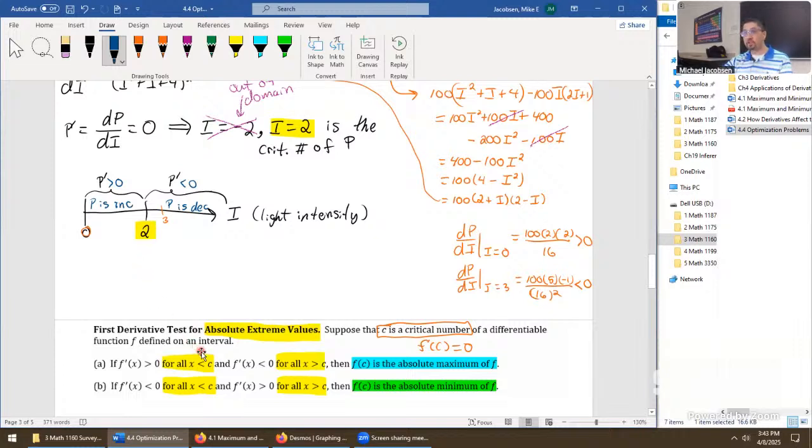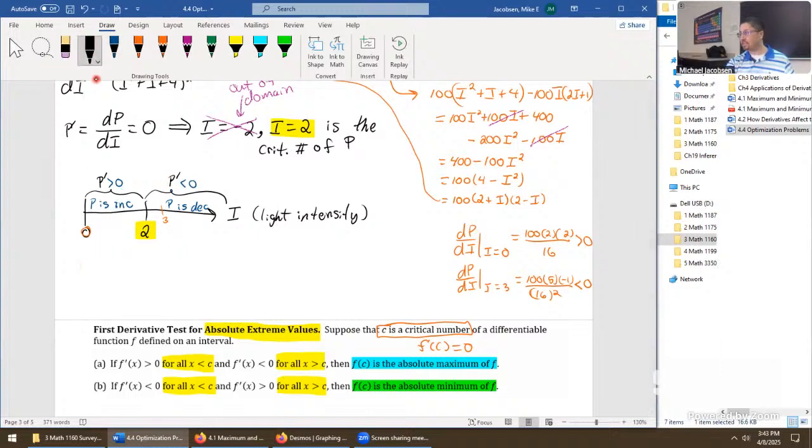It says to the left of the critical number, we have a positive first derivative. To the right of the critical number, we have a negative first derivative. So there's an absolute maximum. Or you could view it this way, increasing till we hit 2, now decreasing. This is the shape of the P for photosynthesis curve if we were to plot it across that domain.